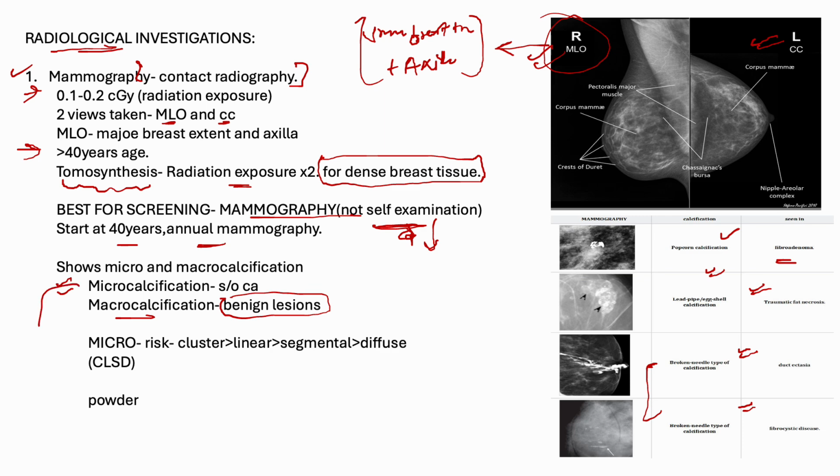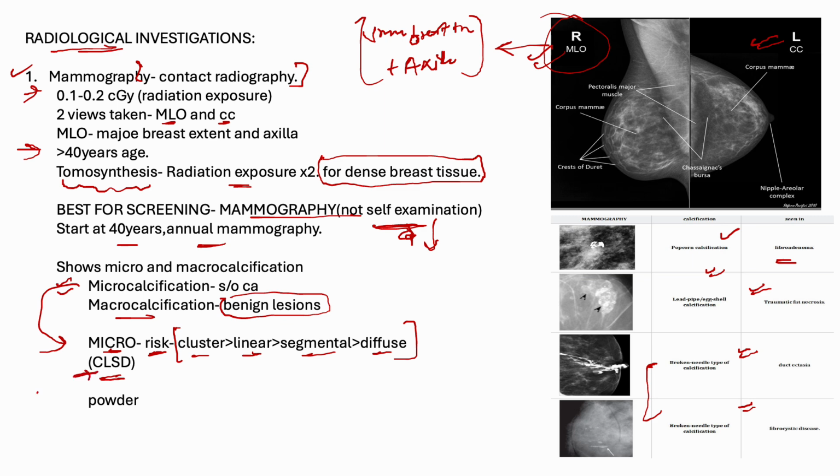The microcalcifications are suggestive of carcinoma, and in microcalcifications the risk goes like this. Just remember CLSD. Okay, you need to remember this. If it is in cluster, microcalcifications show more risk of carcinoma of breast, and it goes in this order: cluster, linear, segmental, and diffuse. CLSD. Please remember.